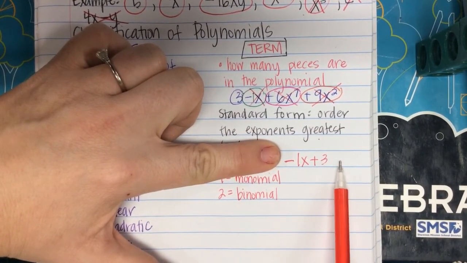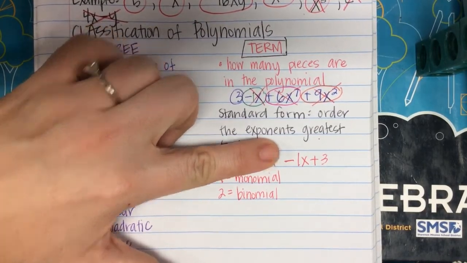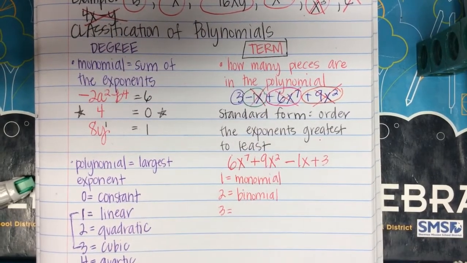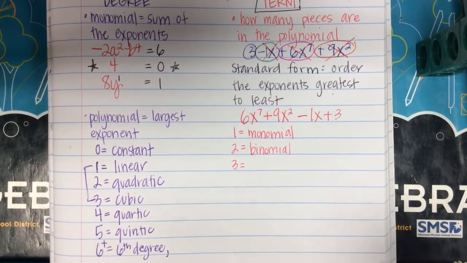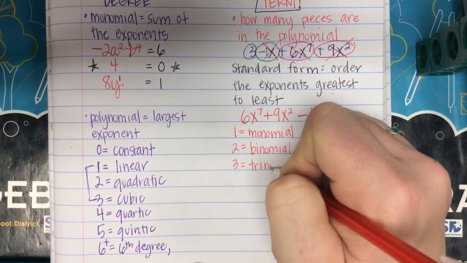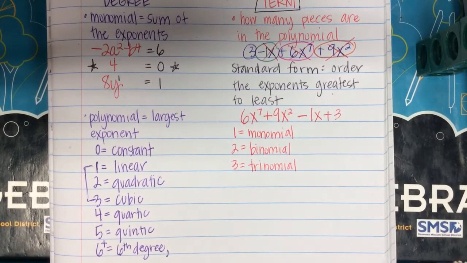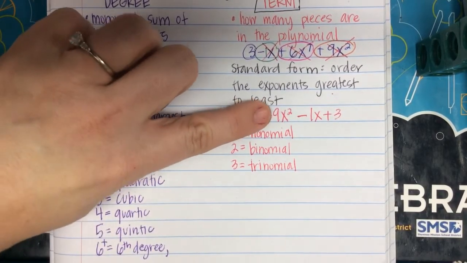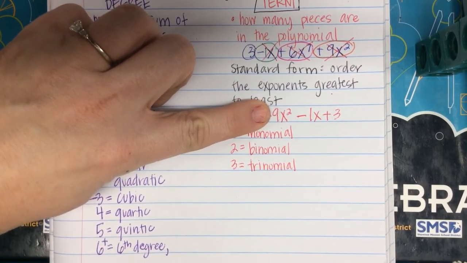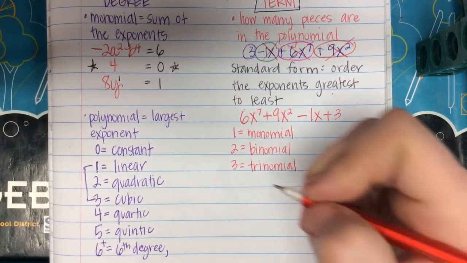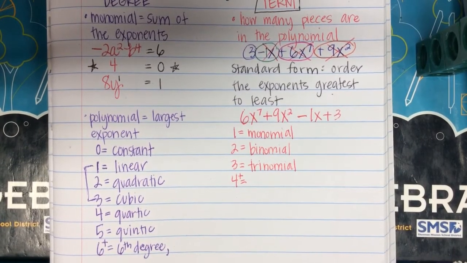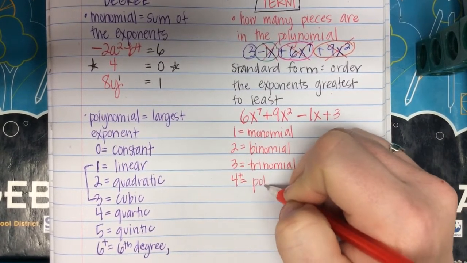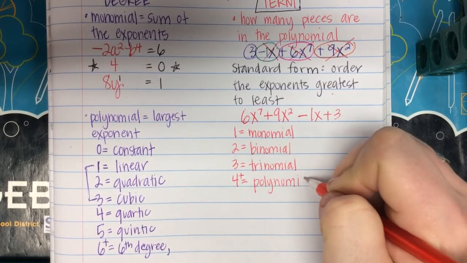Negative 1x plus 3 is a binomial. What if it has 3 terms? What do you think it's called? What's the prefix for 3? Trinomial. 9x squared minus 1x plus 3 would be a trinomial. And 4 or more, they give us a break, is a polynomial.